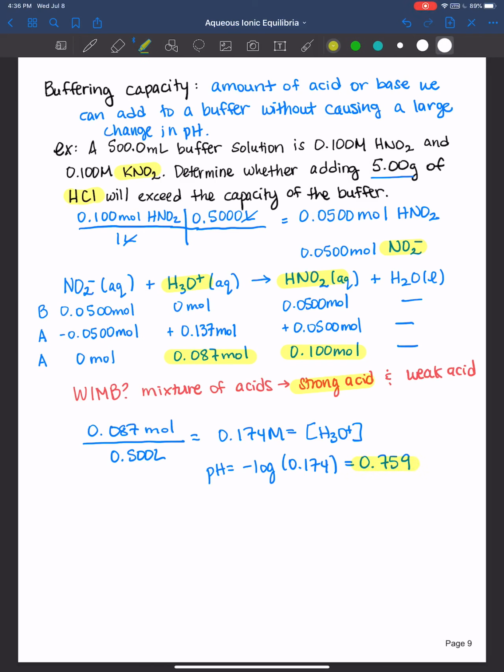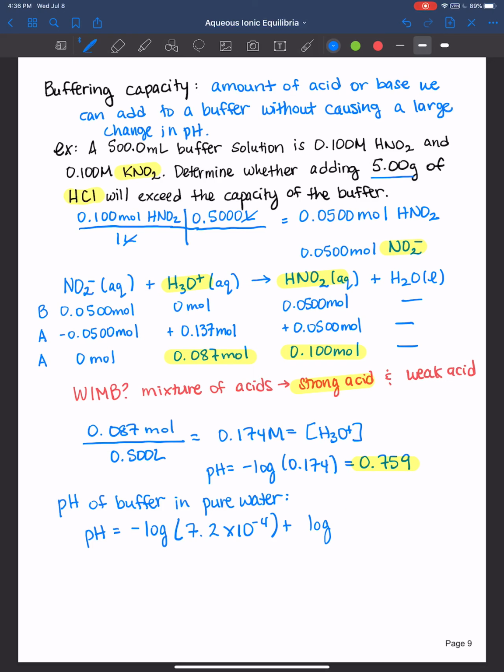How do you know if we exceeded the buffering capacity? Well, let's calculate the pH of the buffer in pure water before addition. I'm going to use the Henderson-Hasselbalch. pH is equal to the pKa, or negative log of the Ka. The Ka for nitrous acid is 7.2 times 10 to the negative fourth, plus the log of the conjugate base over the weak acid.